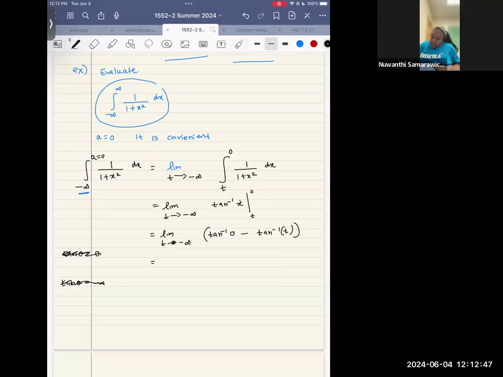So, okay, what is tan inverse 0? When do you get theta? It's 0. Yes, so tan inverse 0 is 0, minus the limit when t goes to negative infinity of tan inverse t. So what is the angle when t is equal to negative infinity? When do you get tangent theta equal to negative infinity? What is the value of theta? What is that angle?